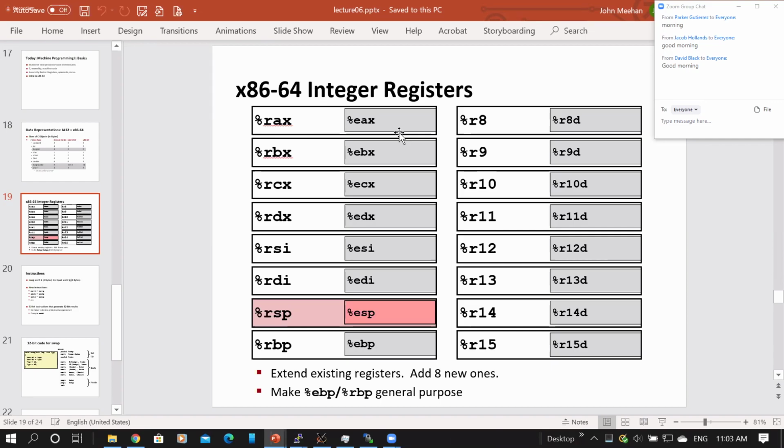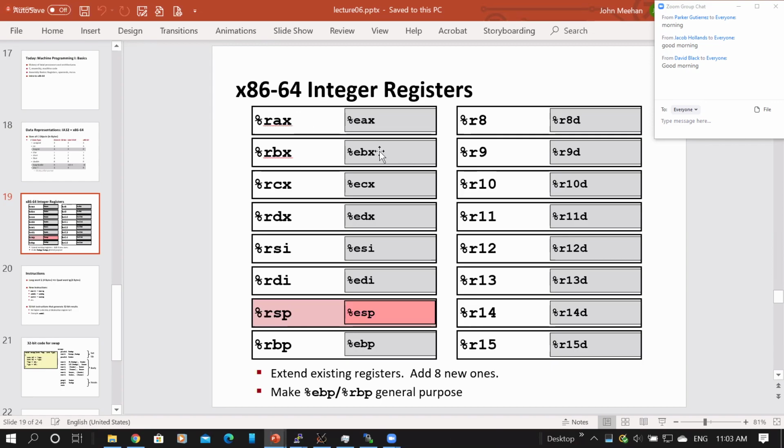The thing you need to realize is that when you run 32-bit instructions on the 64-bit computer, for example, when you load the EAX register, it zeroes out the high bits in the 64-bit register.